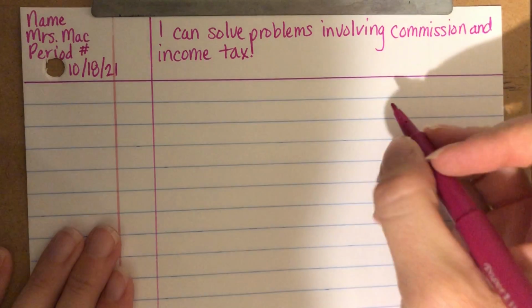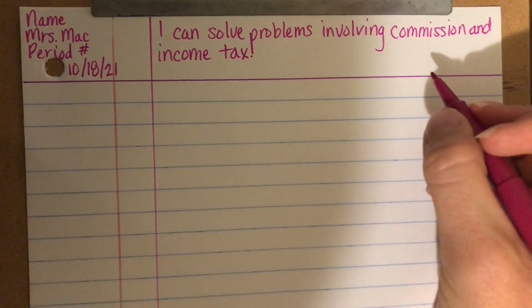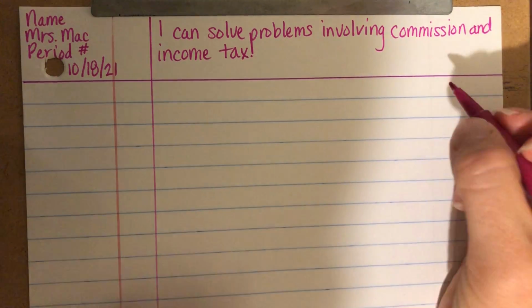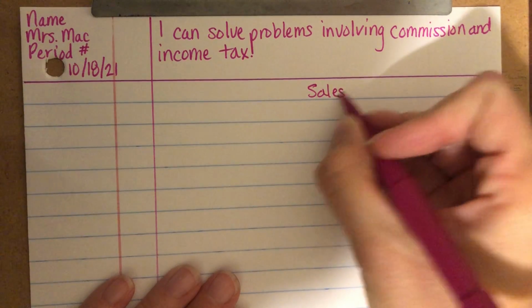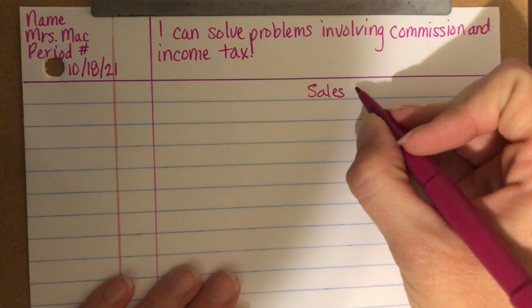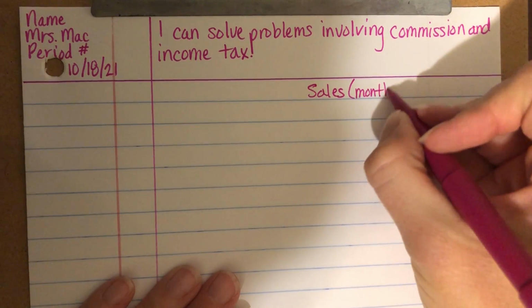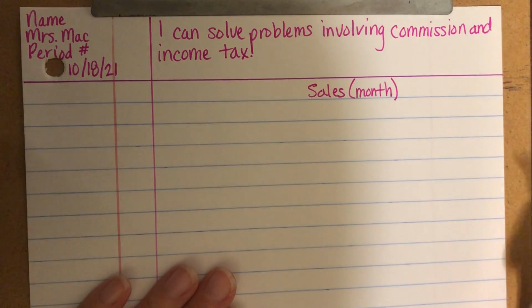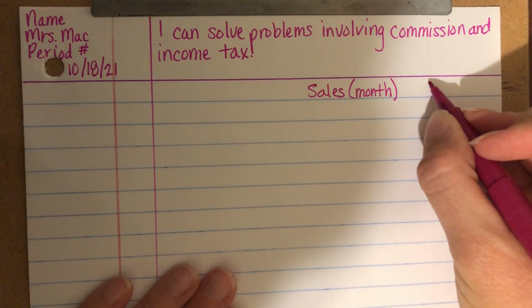Okay, so let's go ahead and put this table right here. And this is sales per given month, just for the month there. And then this is going to be the percent commission.